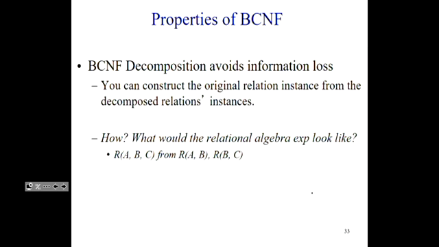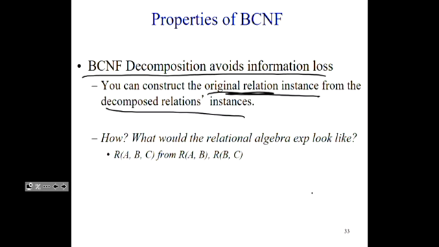Okay, this is an extremely important property, because this property guarantees that you can reconstruct the original relation instance from the decomposed relation instances. So basically what this says is even if you decompose the relation into multiple relations, you are neither losing information nor are you adding spurious information.